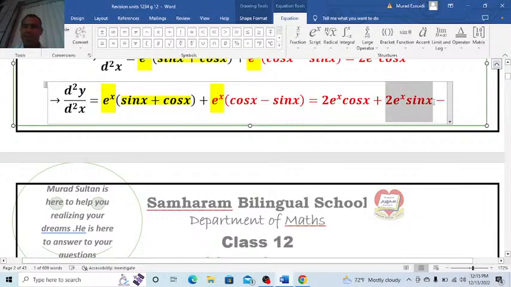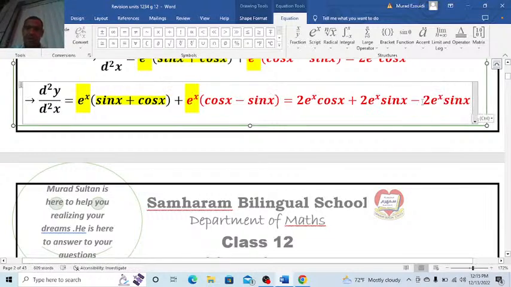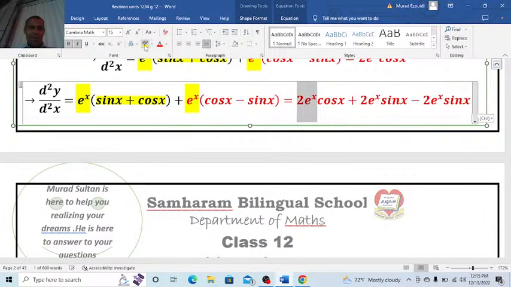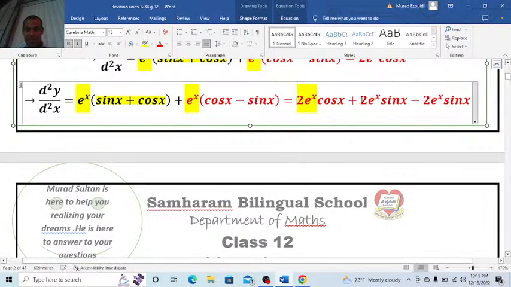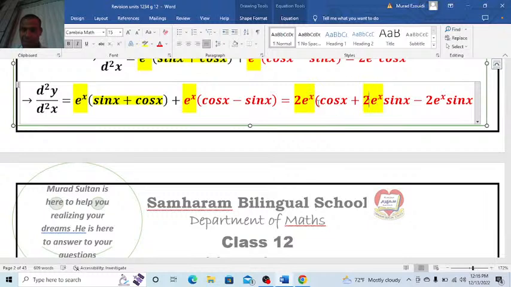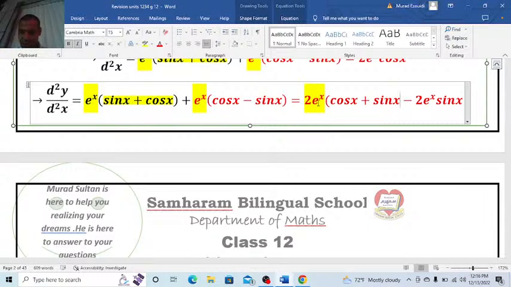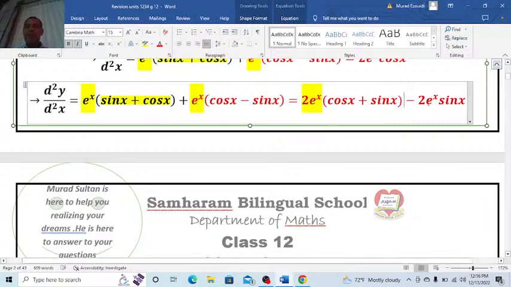You can see 2 exponential of x is a common factor, and this is also a common factor. I will put them into parentheses: 2 exponential of x between parentheses cosine, then minus 2 exponential of x sine of x.